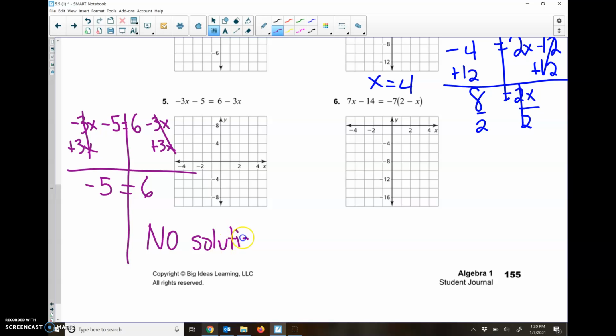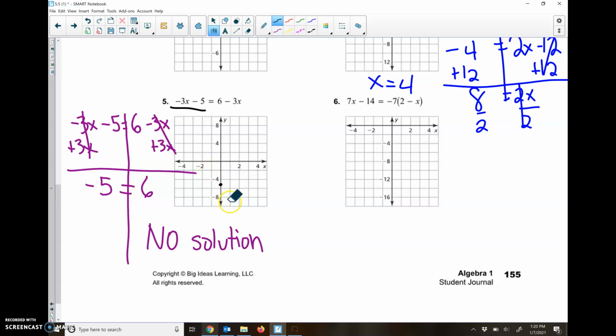If we were to graph these, remember a no solution problem ends up looking like two parallel lines. So here, I'll do this one in black. It might be a little difficult to see because, again, these are going up by 2's, and I have, of course, odd numbers of 3 and 5. So I'm going to start at negative 5, and I'm going to go down 3 and right 1, because it's a negative 3.